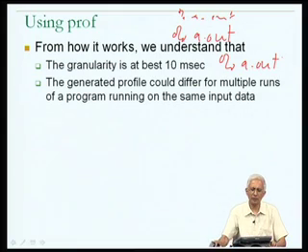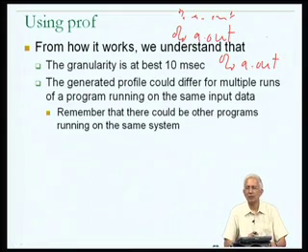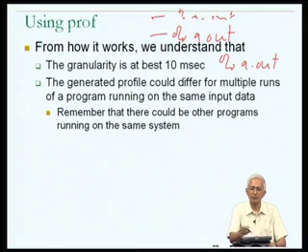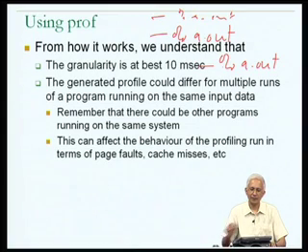And the answer, as you can realize, is that at the time you do these profiling experiments, there could be other programs running on the system, and the other programs will be sharing the different resources of the computer system with your program, which is currently going through the profile run. Therefore, the behavior of the other programs could affect things that affect your program, such as the contents of the virtual memory, the contents of the physical memory, the contents of the caches.